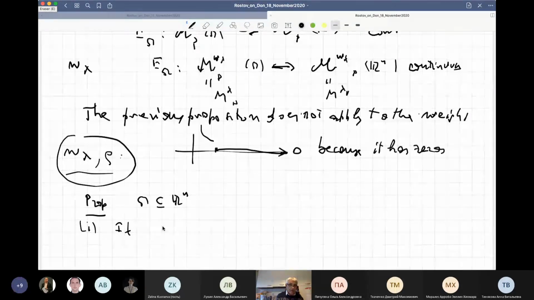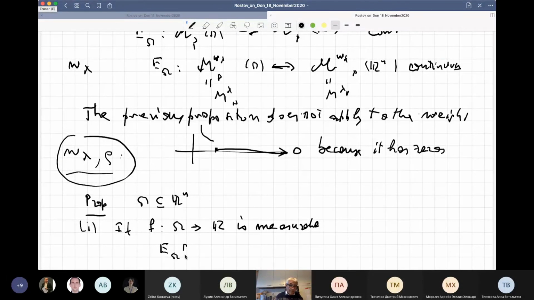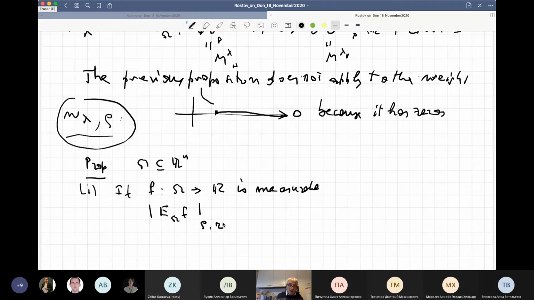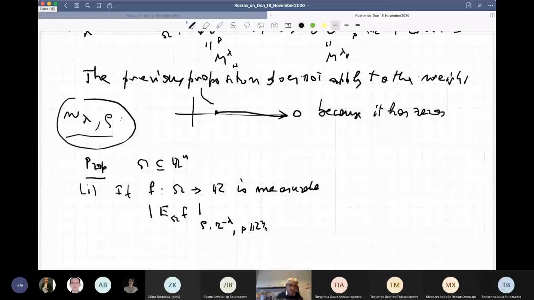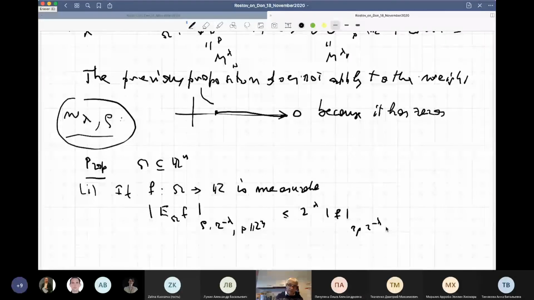If F measured from omega to R is measurable, then E omega extended with rho. And now we make a special choice of R to the minus lambda. Yeah, and so now the weight is R to the minus lambda. 2 to the lambda F 2 rho R to the minus lambda P omega.